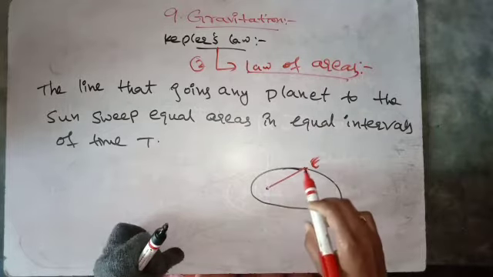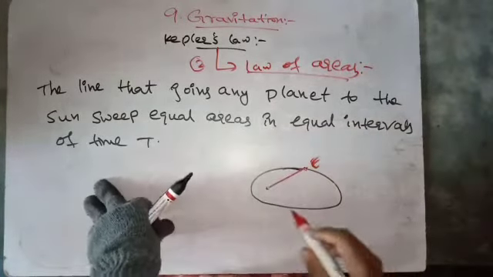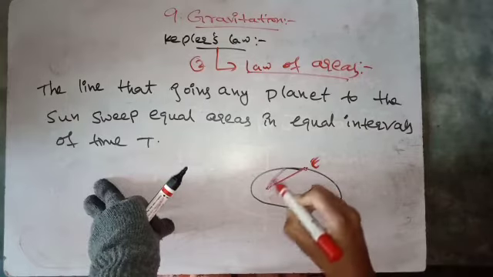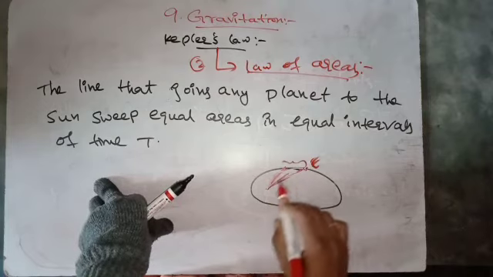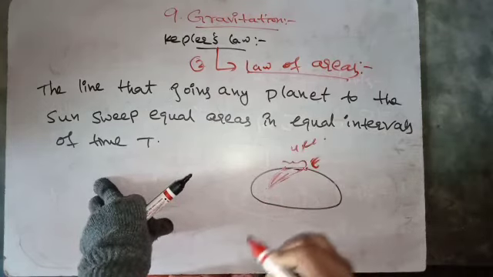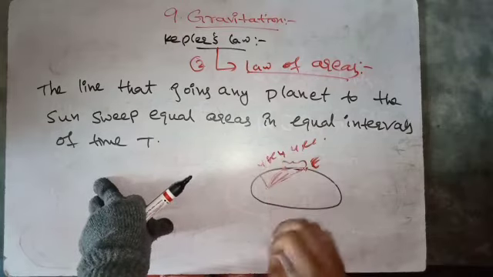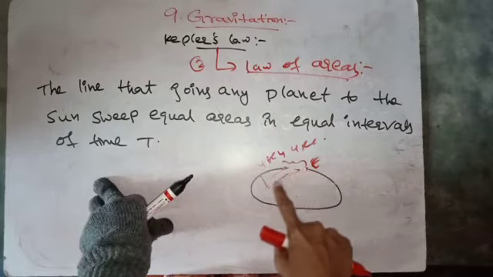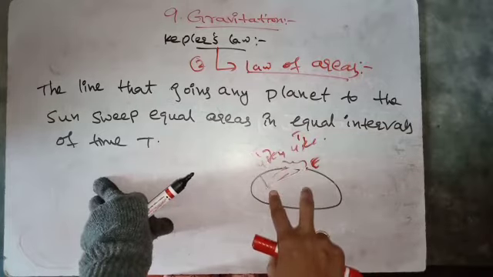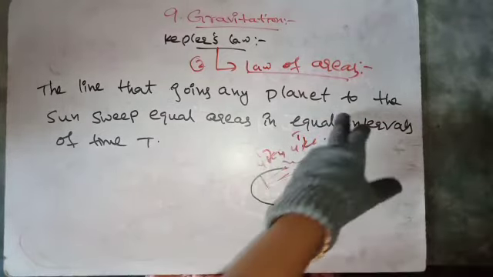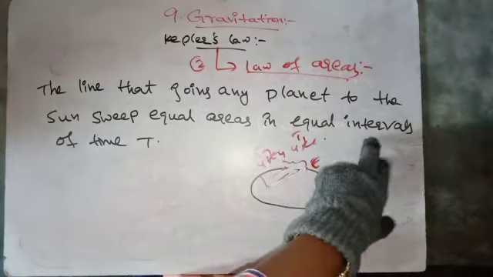This line sweeps equal areas in equal intervals of time. If the time taken to cover this area is 4 seconds, and this area in 4 seconds, the areas at time t1 and at time t2 will be equal. The line which joins the planet to the sun sweeps equal areas in equal intervals of time.